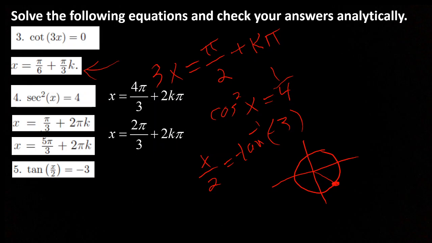But that's not in one period of tangent. We can use that. We can also use this one. This has the same tangent because they have the same sine and cosine values, just positive and negative, so the tangents will be the same. So we can use this one, or we can use that one and add k pi to it. So x over 2 is going to equal whatever that angle is.